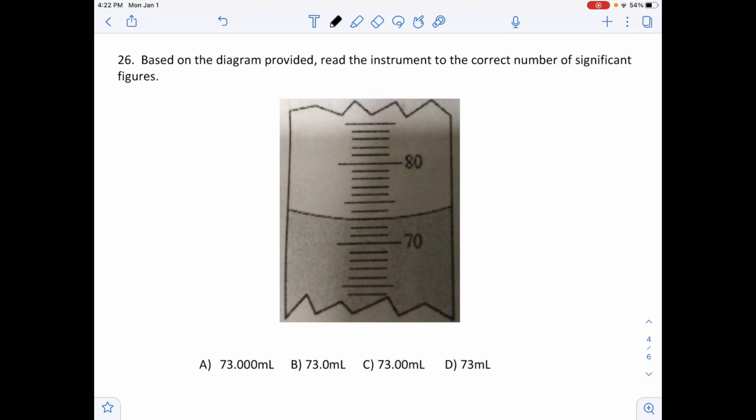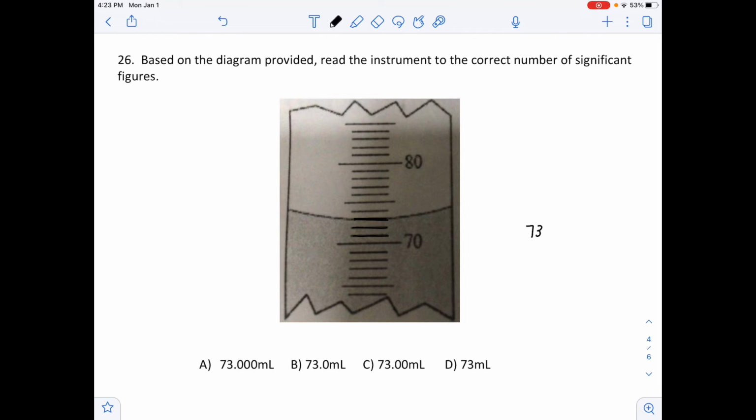For 26, it says, based on the diagram provided, read the instrument to the correct number of significant figures. So when we look at this diagram, we see that there is a 70 value and an 80 value. So we know that the first digit is going to be a 7. And we also have to realize where this line is, and we read at the bottom part. And we see that every one of these lines is 1, so that's 1, 2, 3.